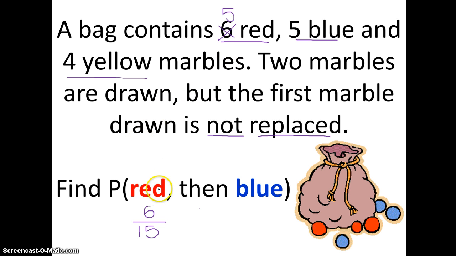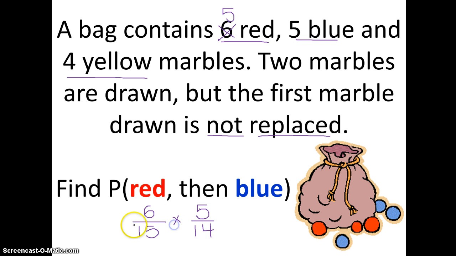And not only are there now 5 reds, there are only 14 marbles in the bag. Red was affected with our first pull, so now there's only 5 red. However, we still have 5 blue marbles in the bag. So we have 5 of the 14 marbles remaining are blue.